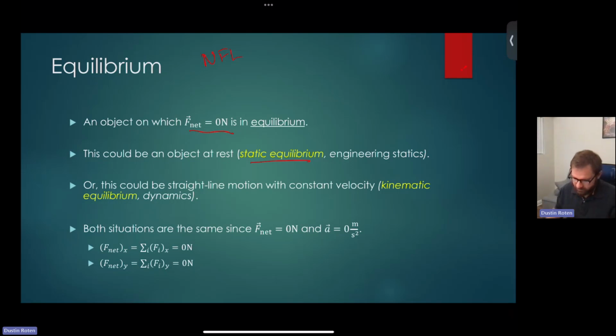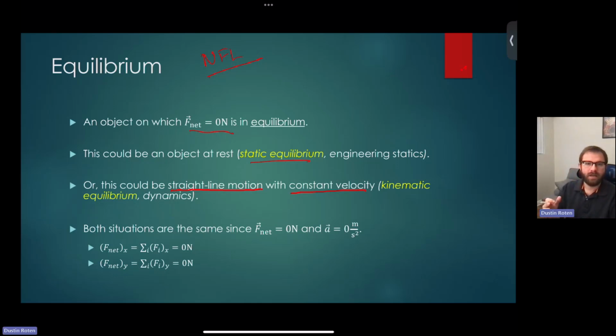So the key here is to remember that with Newton's first law, the motion will always be straight line motion because there are no accelerations, no forces to change that from the line that this object is traveling on. And there's also no forces that will actually increase or decrease the velocity.